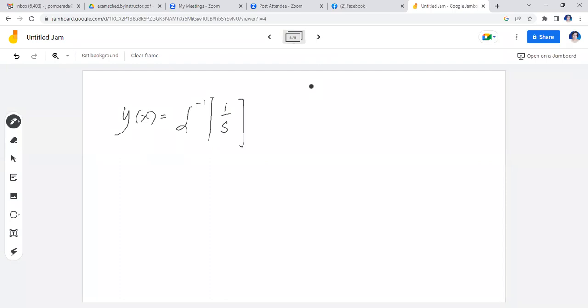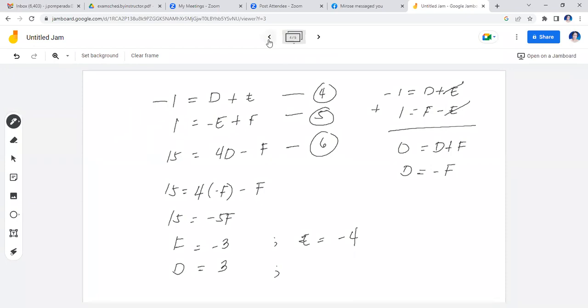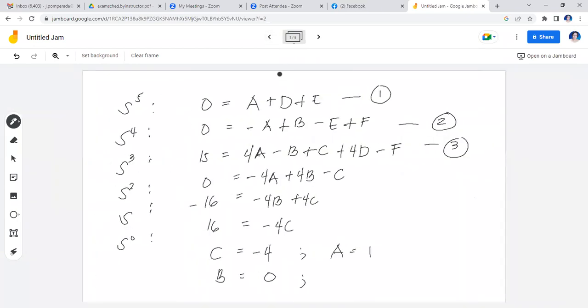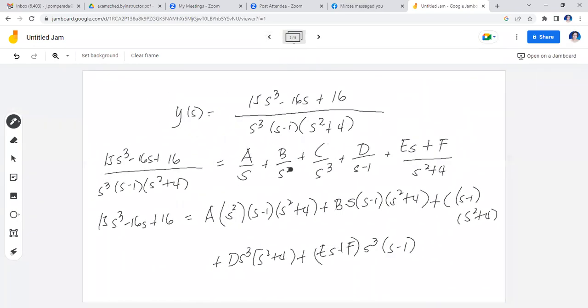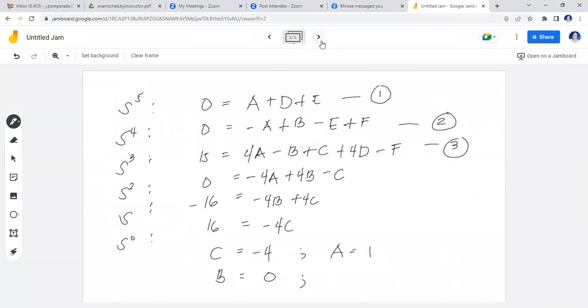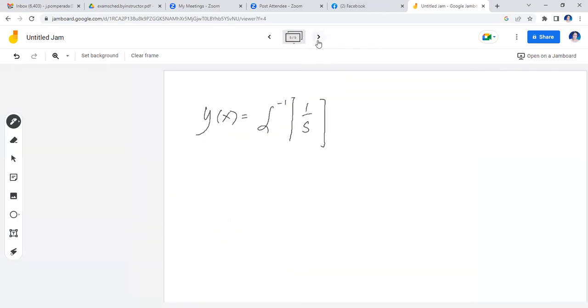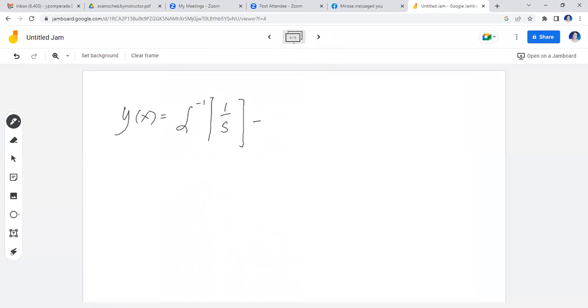B is 0, if I'm not mistaken. B is 0, so meaning we did not process this. So we'll go to C over s cubed. Your C is negative 4. So you'll have negative 4 inverse Laplace of 1 over s cubed. Okay?